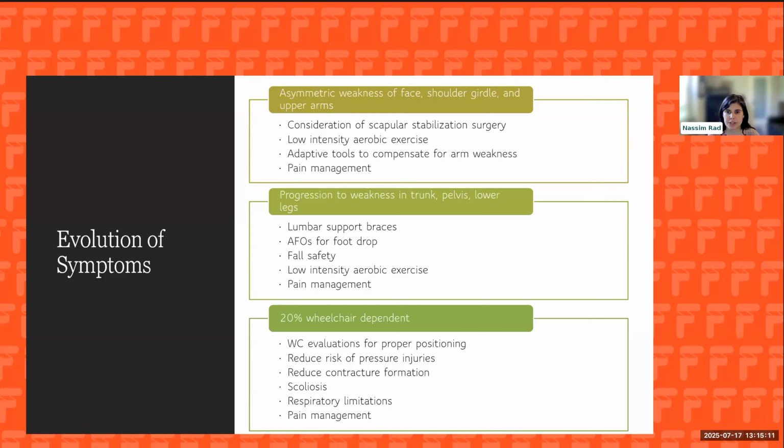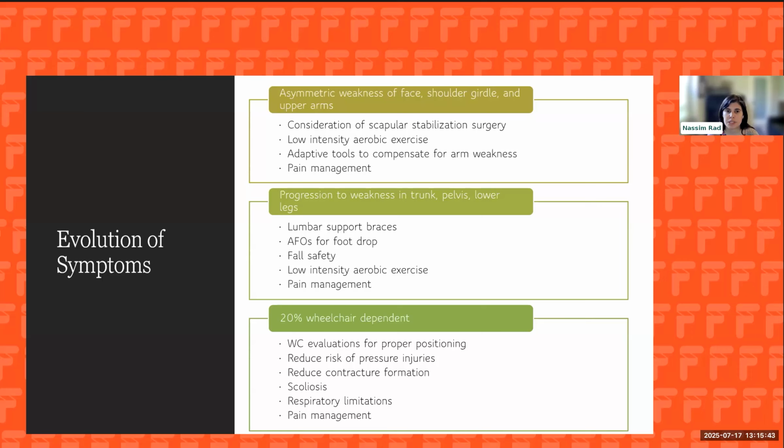As the disease continues to evolve, one of the reassuring data points we have is that most individuals will maintain ambulation with assistive devices, but 20% do end up dependent on a wheelchair. And when that's the case, we need proper wheelchair evaluations to ensure proper positioning, especially when you're spending a long time in these wheelchairs. We need to make sure that the wheelchair seating is reducing risk of pressure injuries.